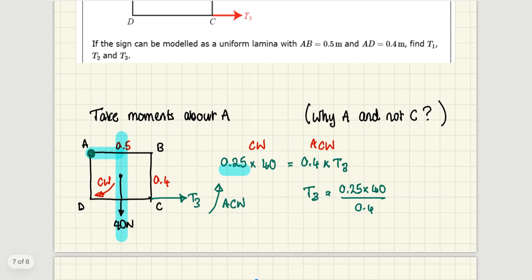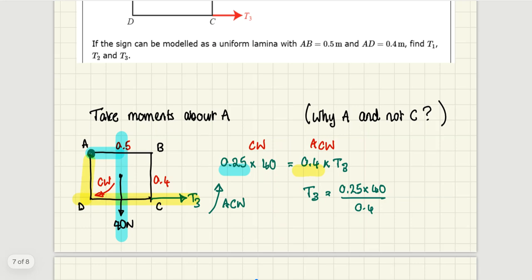Why does that equal 0.4 times T3? It's going in another direction. Yeah, because it's going in the opposite direction. You can kind of see it by the line I've drawn. That's going to be a clockwise rotation, but T3, if this is the line of action of that force, we take the distance from A, which is 0.4.